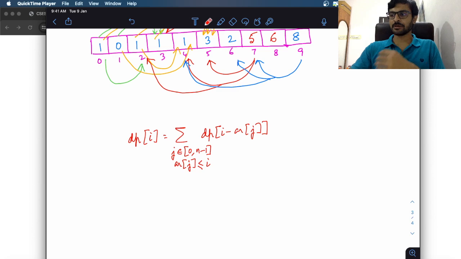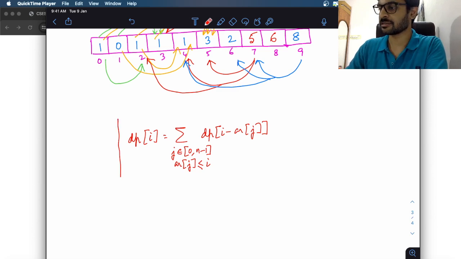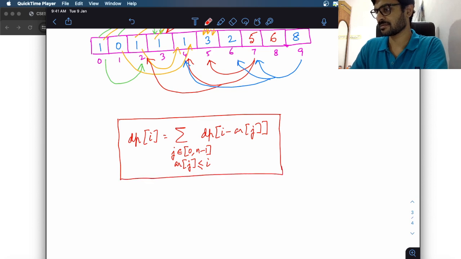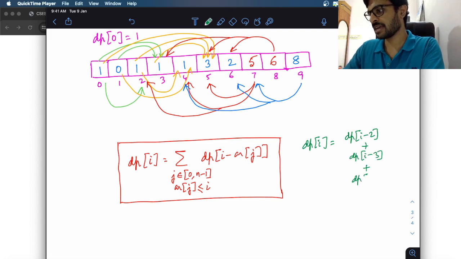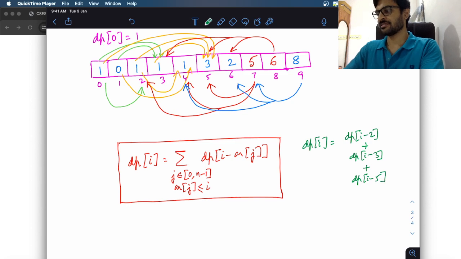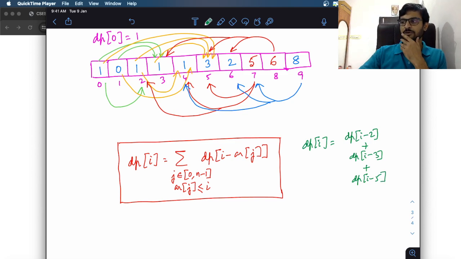We are going to add them up. This is our recurrence relation. So in the above case, DP I was equal to DP I minus 2 plus DP I minus 3 plus DP I minus 5. So the same thing, if we generalize, this is how it will look.